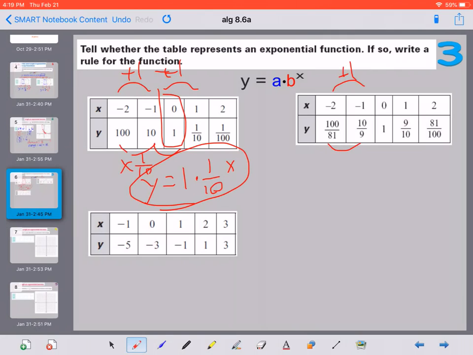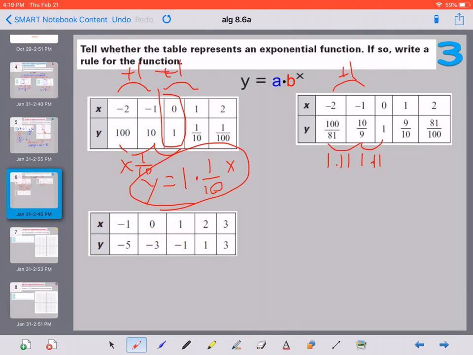Here we divided by 1.11. So let's see if that's true for this one. If I do 10/9 divided by 1, I get 1.11.